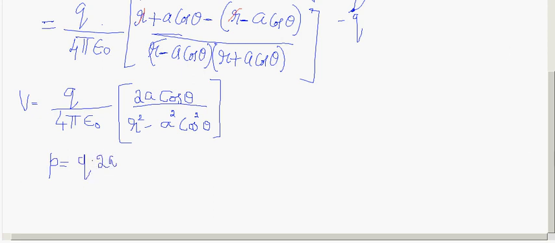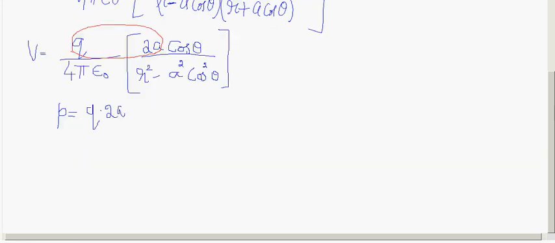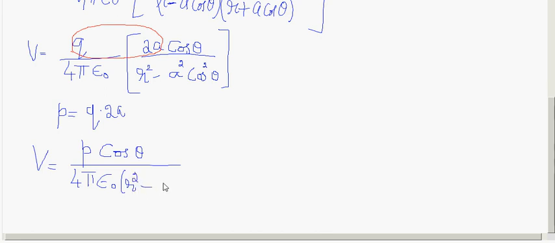So in the above equation, substitute q into 2a as P. So we can get V equal to P cos theta divided by 4 pi epsilon naught into r square minus a square cos square theta.